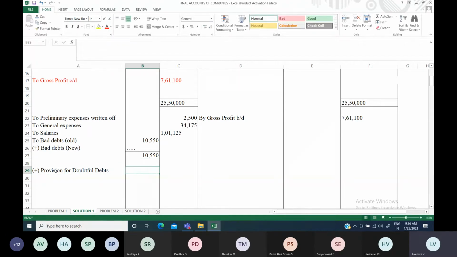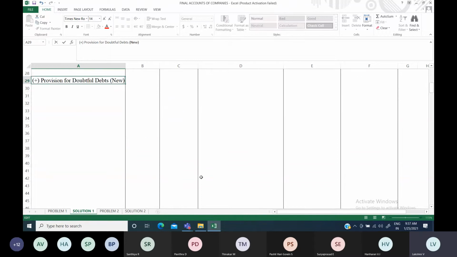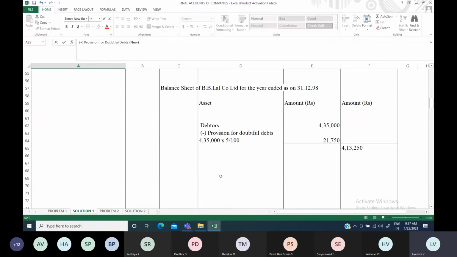The items we generally add are the adjustment items, and trial balance items will be subtracted. So provision for doubtful debts, this is actually new. Whatever we calculated just now is known as new. So new provision for doubtful debts, we already calculated in the balance sheet. The amount is 21,750.